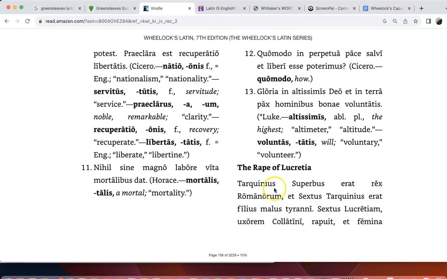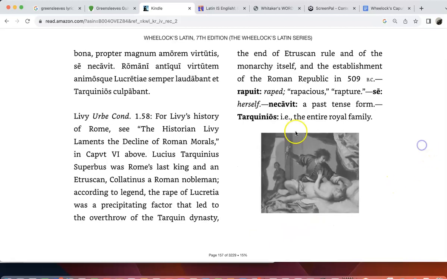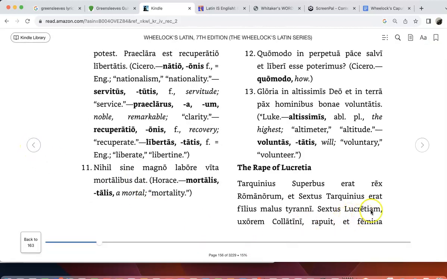So what we have here is that Tarquinius Superbus was king of the Romans, and Sextus Tarquinius was, I guess, the bad son of the tyrant. Sextus raped Lucretia, the wife of Collatinus.